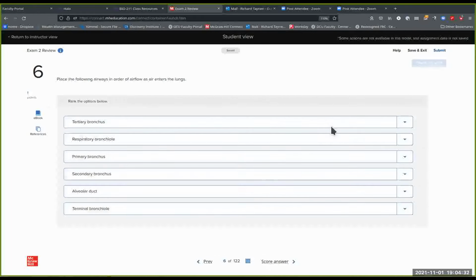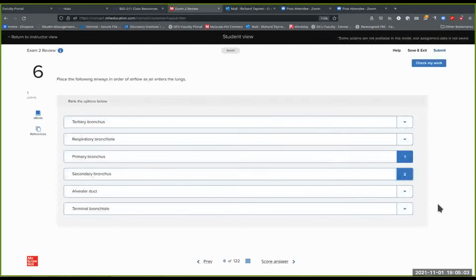Okay. Place the following airways in order of airflow as air enters the lungs. Okay. What's first? Primary. Very good. Then what? Secondary. Good. You left all the hard ones for you guys.